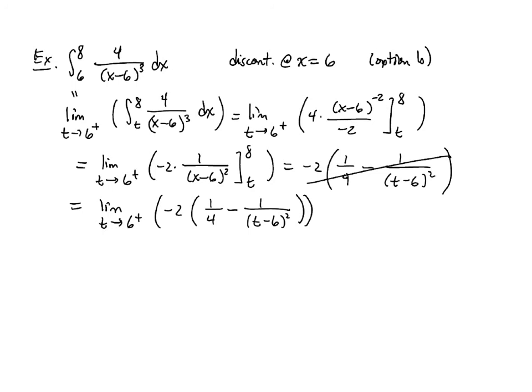Now, as t goes to 6 from the positive side, here I'm dividing by something that's getting closer and closer to 0. And so this is going to positive infinity as t goes to 6 from the positive side. This is not a finite number, so in this situation, this integral is divergent.